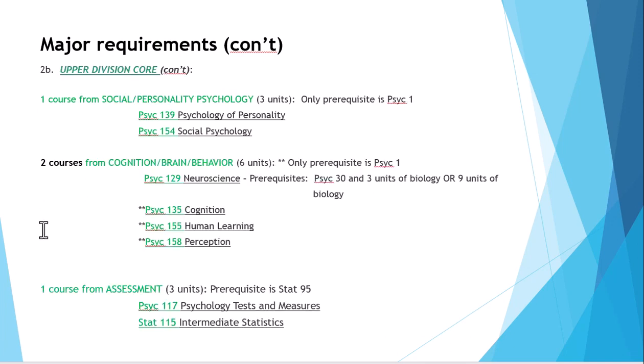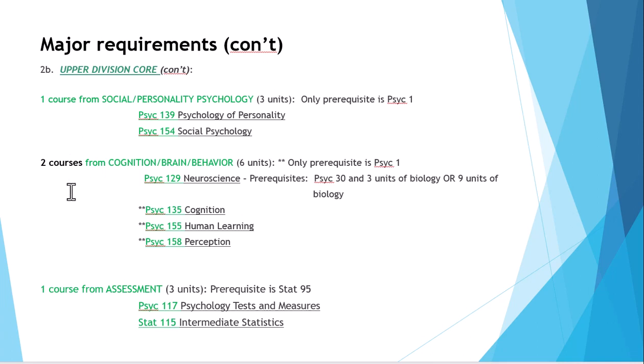Now, there are other topic areas as well that we'd like you to learn about. So we'd like you to have a course in the area of social or personality psychology. So we're asking you to choose between Psych 139, which is the psychology of personality, or Psych 154, which is social psychology.